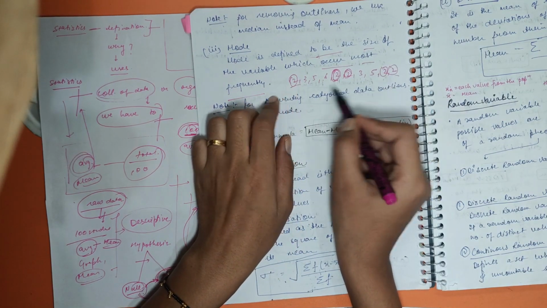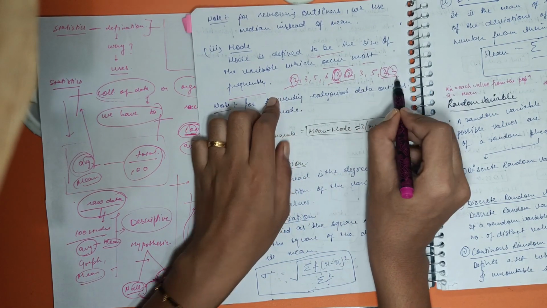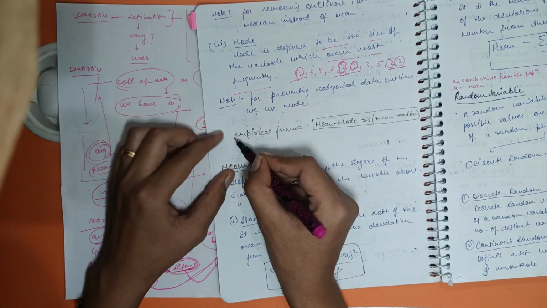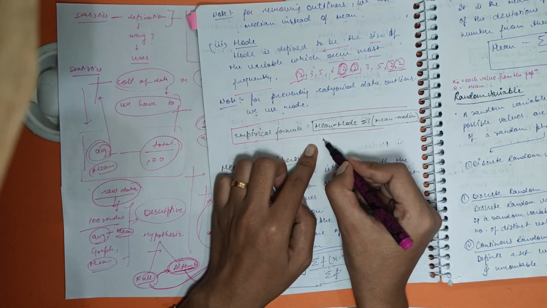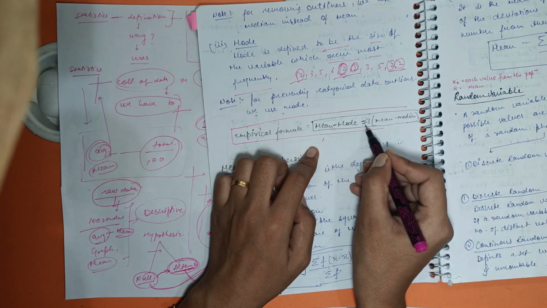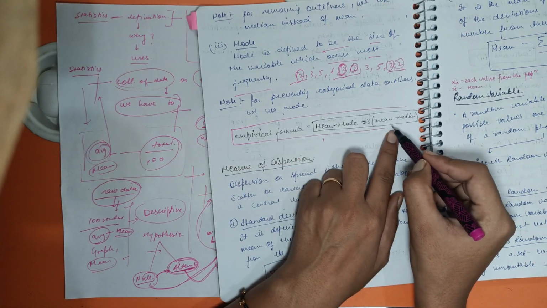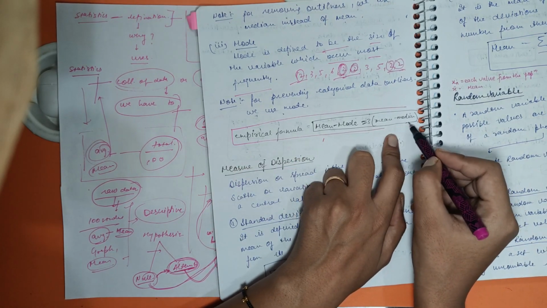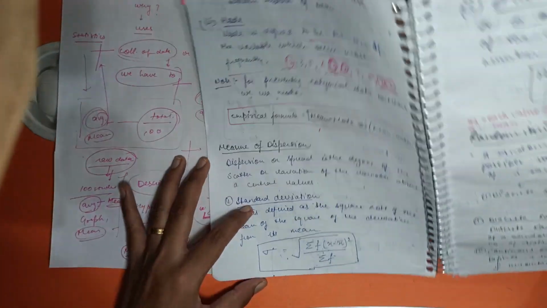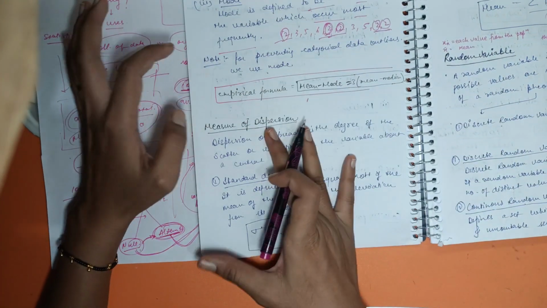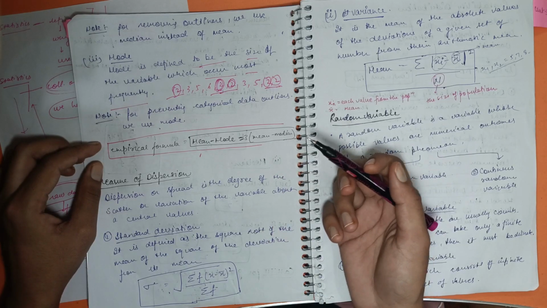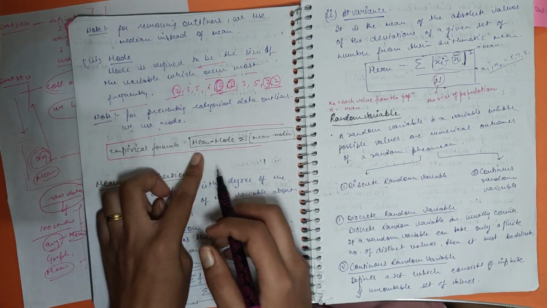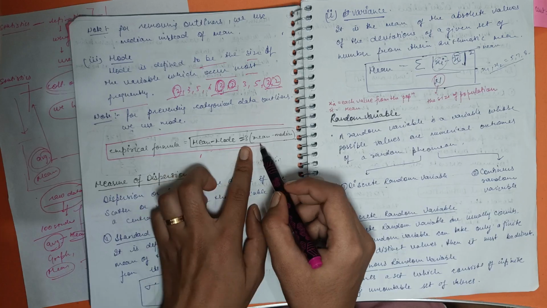So this is our mode, and this is the empirical formula: mean minus mode is equal to 3 times of mean minus median. This is only basic concepts about statistics. The empirical formula tells that mean minus mode is equal to 3 times of mean minus median.